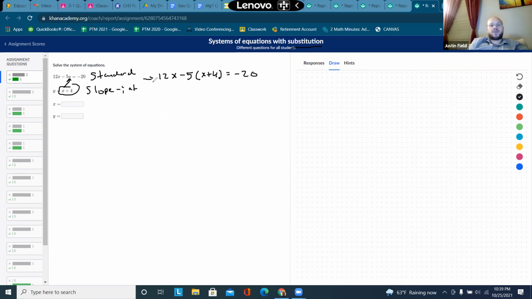That is the big part. Just stop and see if you can see what I did there. I wrote 12x minus 5y equals negative 20, except I didn't write y. I wrote x plus 4, because in the bottom equation, y equals x plus 4.